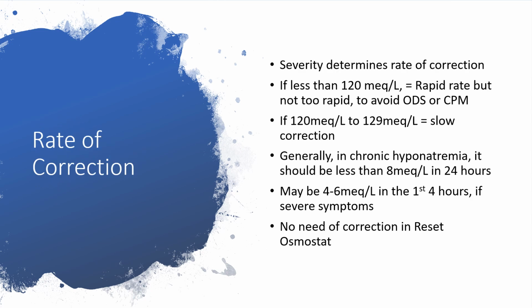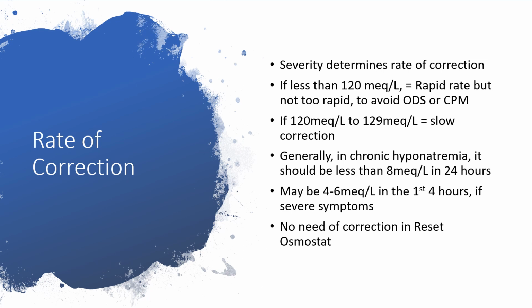Confirm from your pharmacist what you are doing now as part of the protocol at your center. The rate of correction: I've just given the warning, don't rush, don't do. Then what do you do? Is it all the time you say don't? Then what are you going to do? The severity of the hyponatremia will determine the rate of correction.